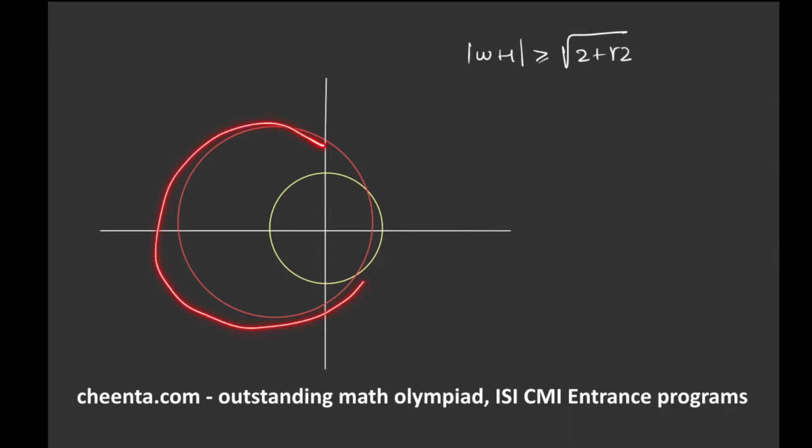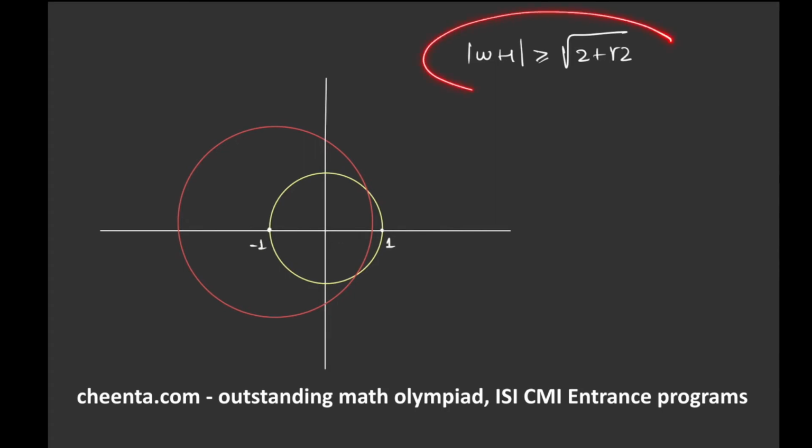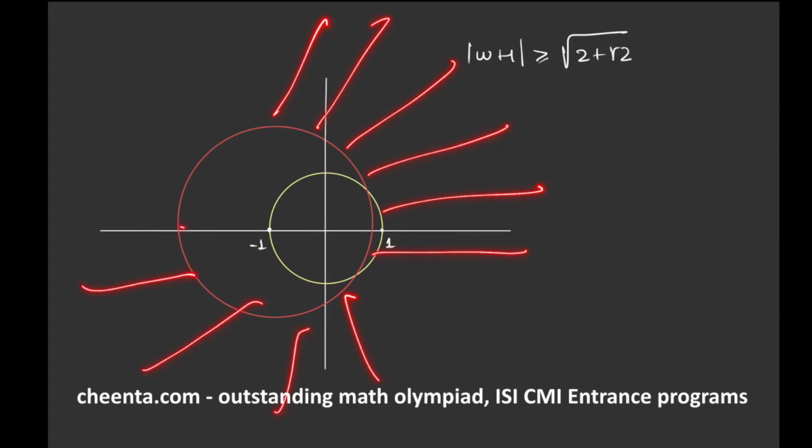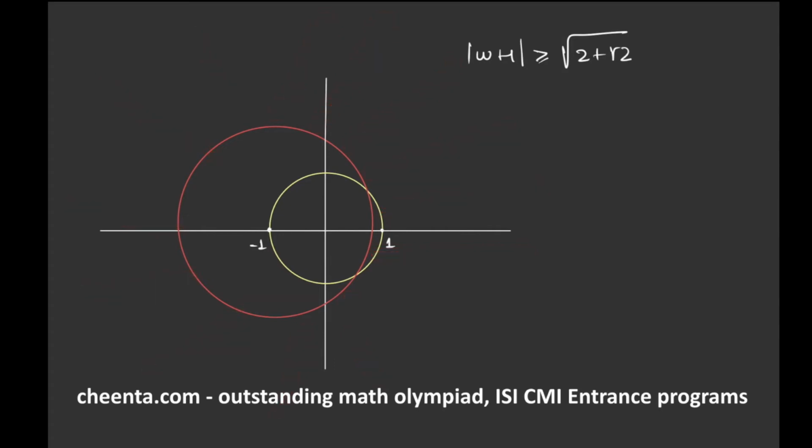This red circle helps us identify that inequality. Remember, this yellow circle is a unit circle centered at 0. So this point is 1 and the left point is minus 1, and this inequality was represented as all those points lying outside this red circle, which is a circle of radius square root of 2 plus root 2 centered at minus 1.